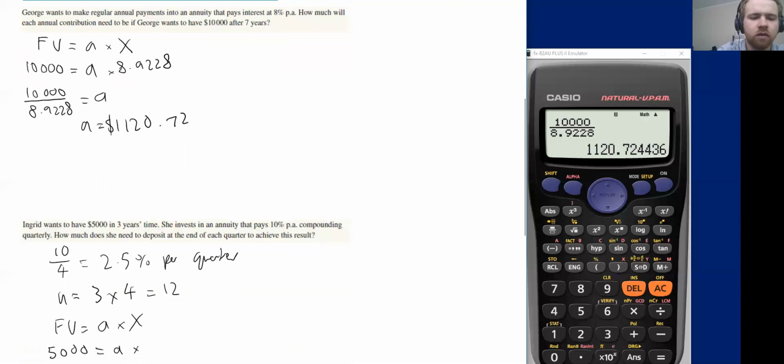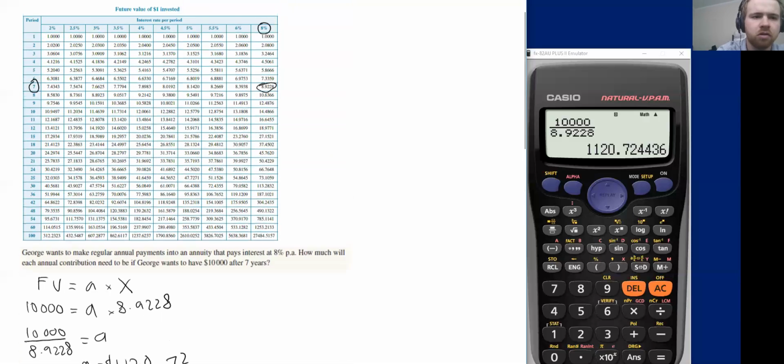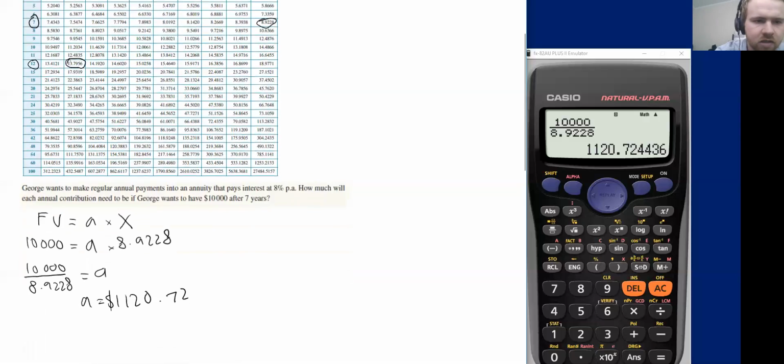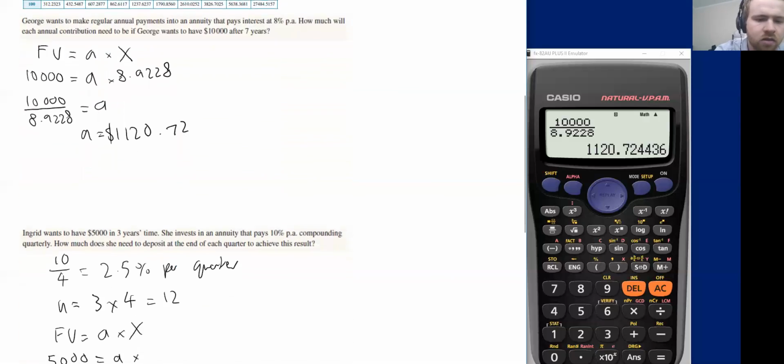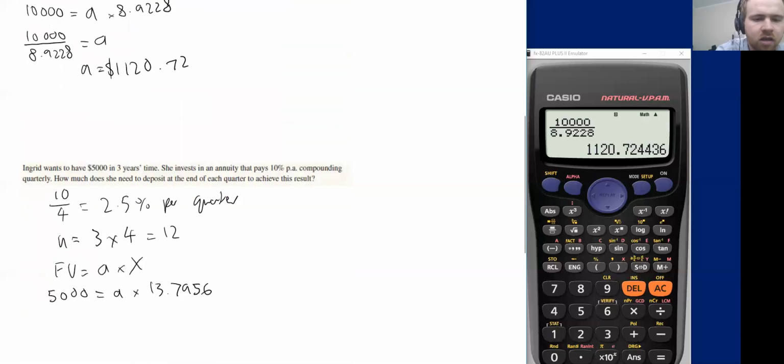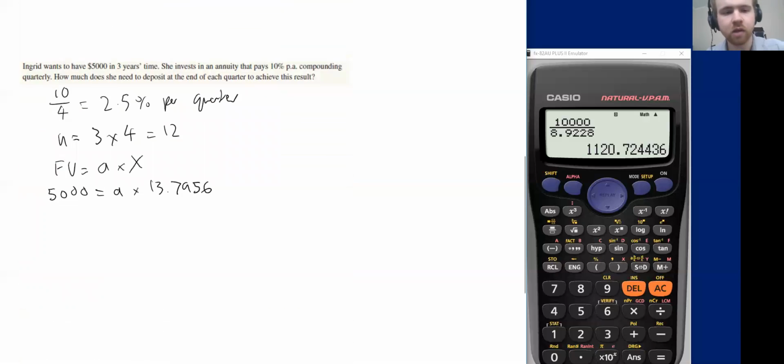So we're going to have to use 2.5% and 12 periods. 2.5% and 12 gives us this value here, 13.7956. Did I get that right? Yep. Okay, so we rearrange it.